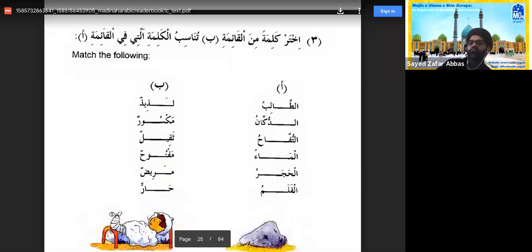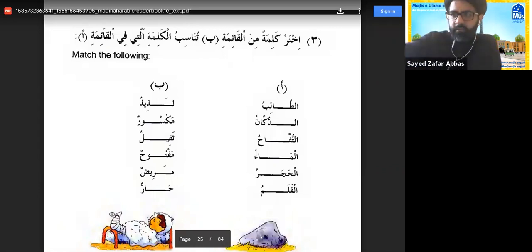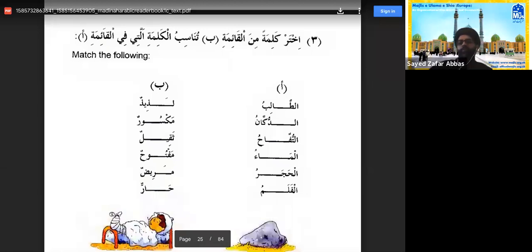What word do you think we should have here as al-talibu? Which word should go with al-talib? Al-talibu marid. Okay, so the student is sick. And then ad-dukan, which word do we think should go with ad-dukan? Okay, ad-dukanu maftuh. Right.